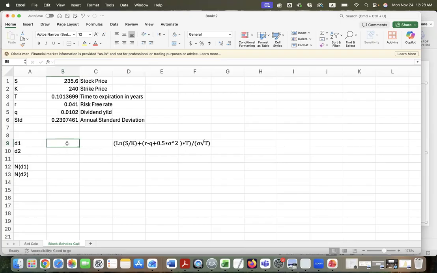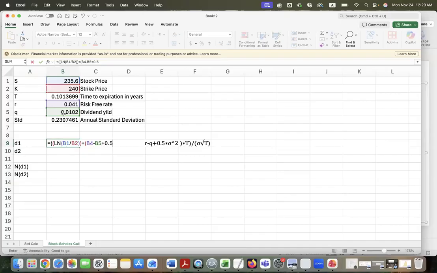So equals ln of S divided by K, and then the whole thing, ln of this, plus, now I want to say R minus Q plus 0.5 times standard deviation squared. Then the whole thing times T.